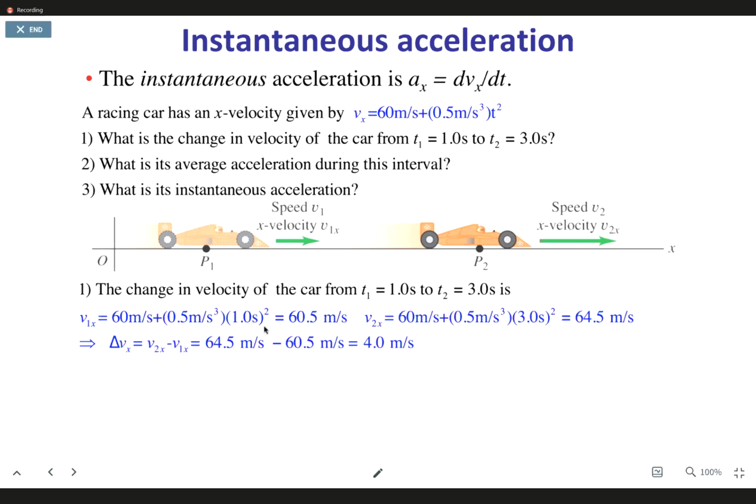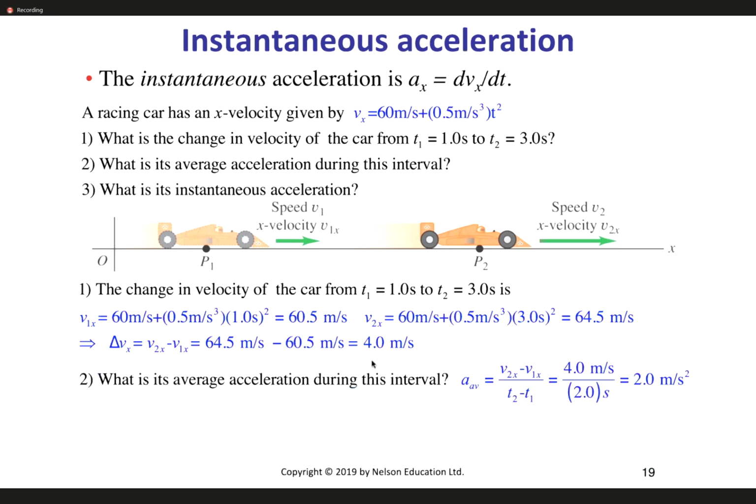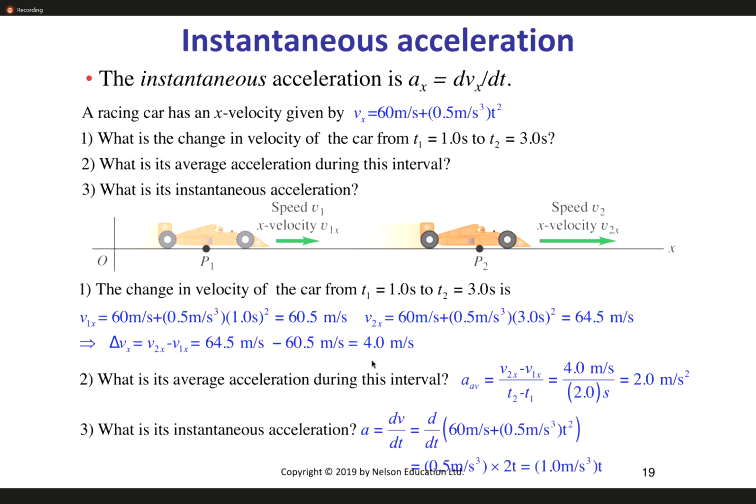This is where we plug in the times into our velocity equation, subtract the two velocities, and we get an answer. The average acceleration, similarly, is going to be the change in velocity divided by the change in time, and the instantaneous acceleration is going to be the derivative of your velocity with respect to time, and at the very end you plug in whatever time you need, whether it's 1 second or 2 seconds or 3 seconds.